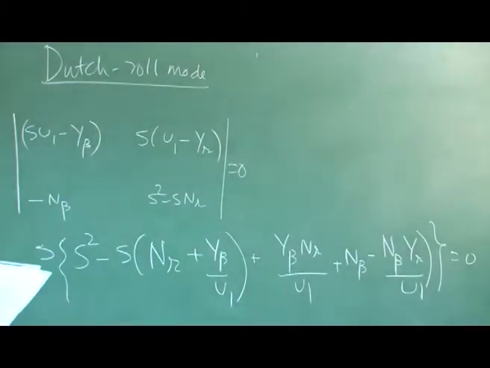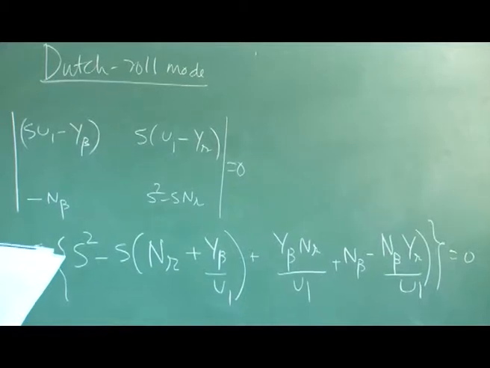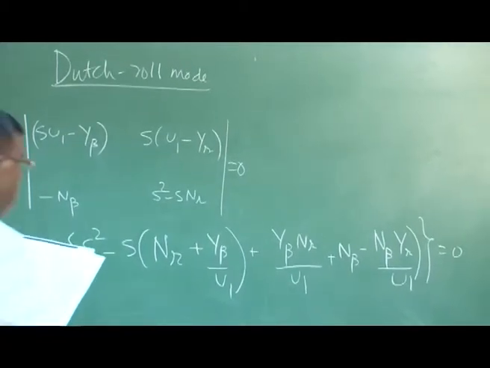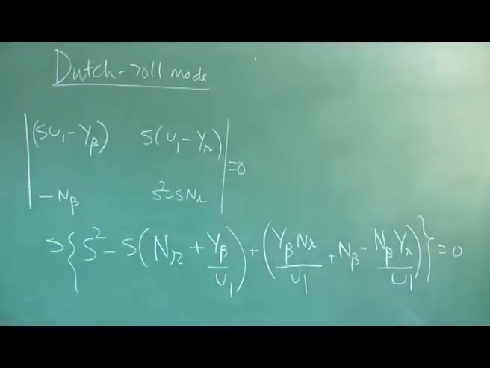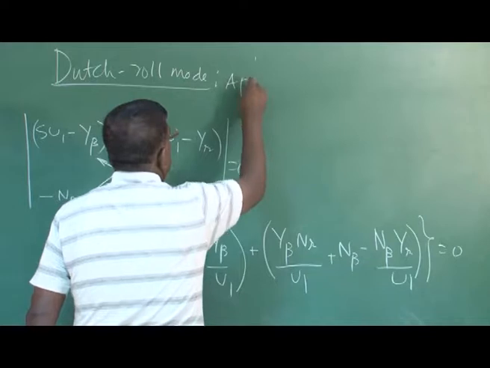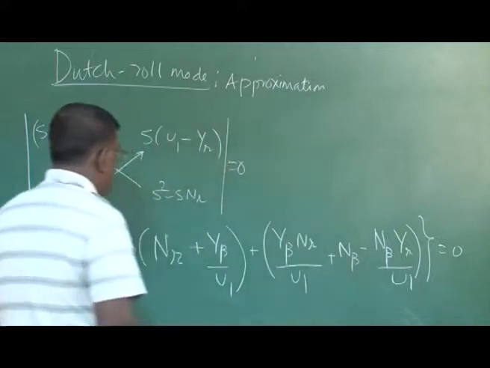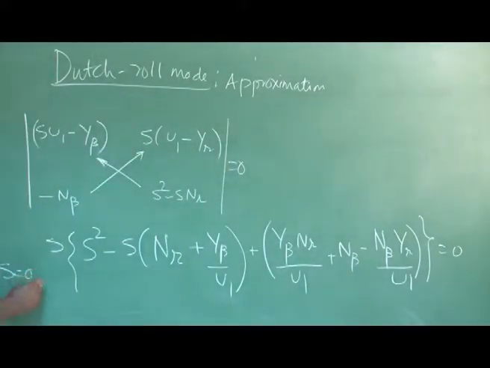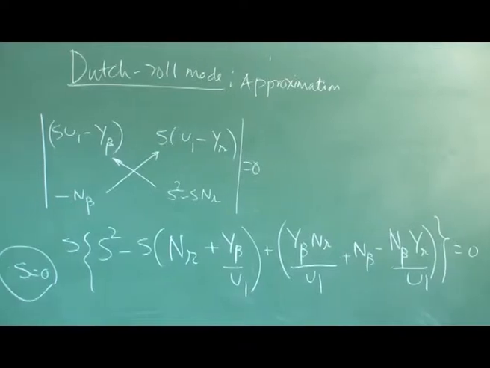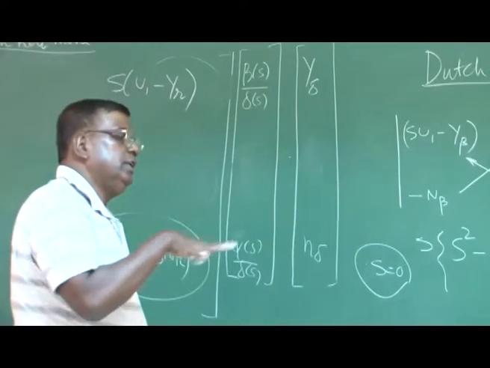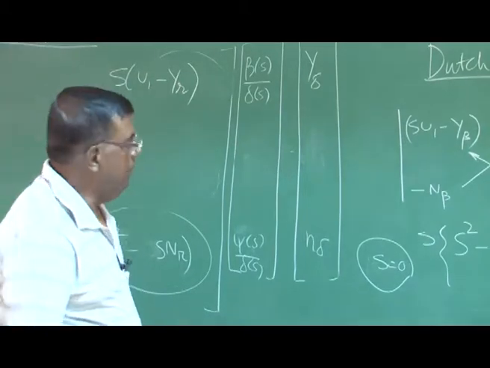It is S square minus S into NR plus Y beta by U1, plus Y beta NR plus N beta. So there will be a bracket here. That you can easily find out by doing this and this, right? This is the characteristic equation for the Dutch roll mode approximation. Then you could see that S equal to 0 again belongs to neutral stability, because the yawing motion, psi this way, that way, is all aerodynamically similar, so we forget that.